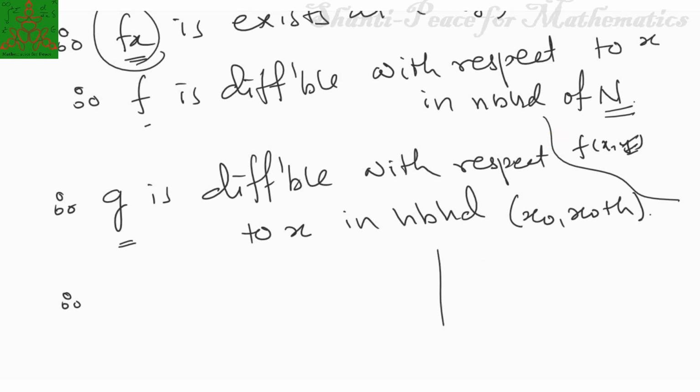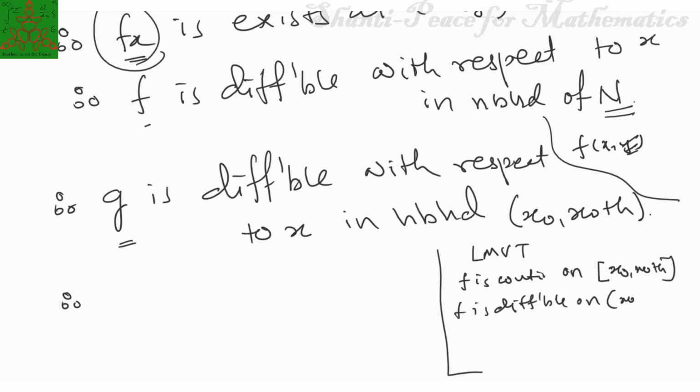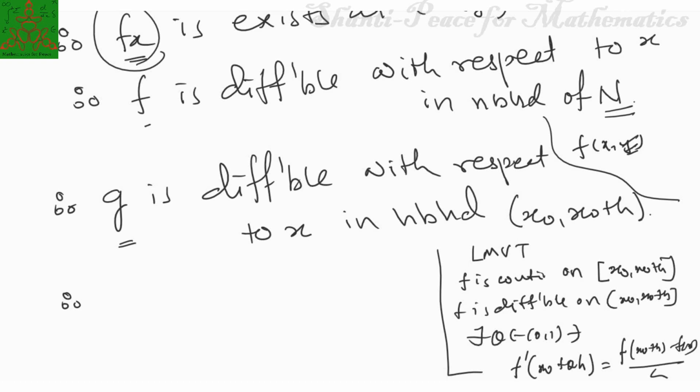Let us recall what the LMVT is. The LMVT says that if f is continuous on the closed interval x0 to x0 + h and differentiable on the open interval x0 to x0 + h, then there exists some theta in the closed interval 0 to 1 such that f dash of (x0 + theta h) is equal to (f(x0 + h) minus f(x0)) upon h.